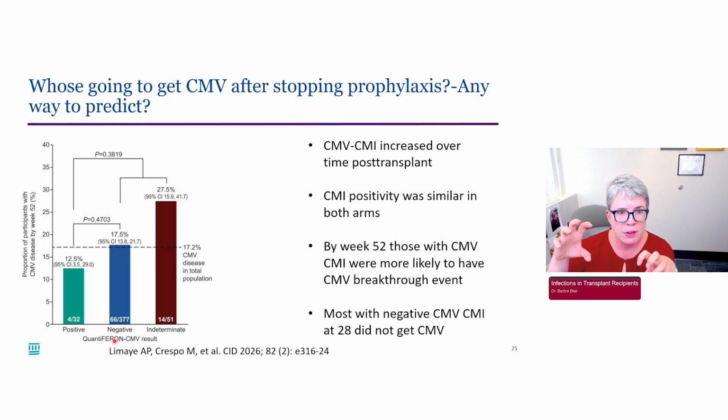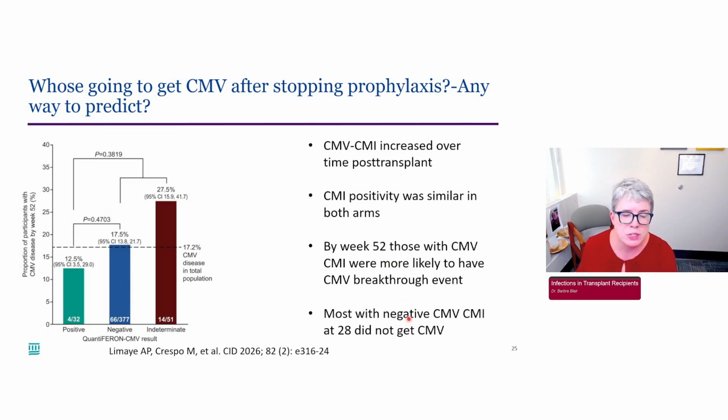In the two arms, one group got letermovir and one group got valganciclovir, all high-risk patients. In all of them, CMV cell-mediated immunity increased over time post-transplant. Additionally, the amount of immunity was similar, so one drug didn't give you more or less immunity or have a negative impact on it. If you did have CMV immunity, most likely at some point during that year you still had a breakthrough CMV event.